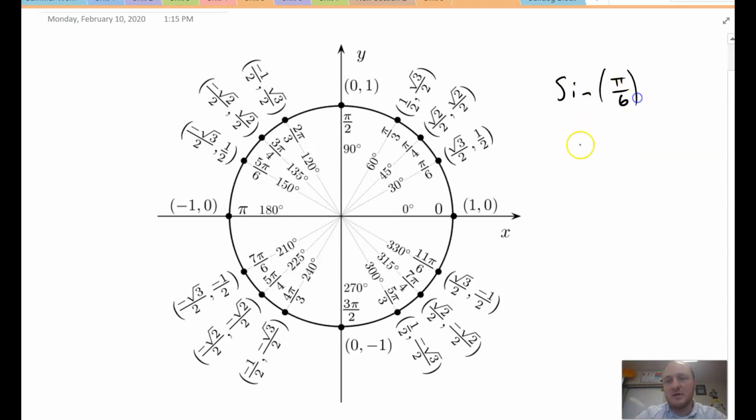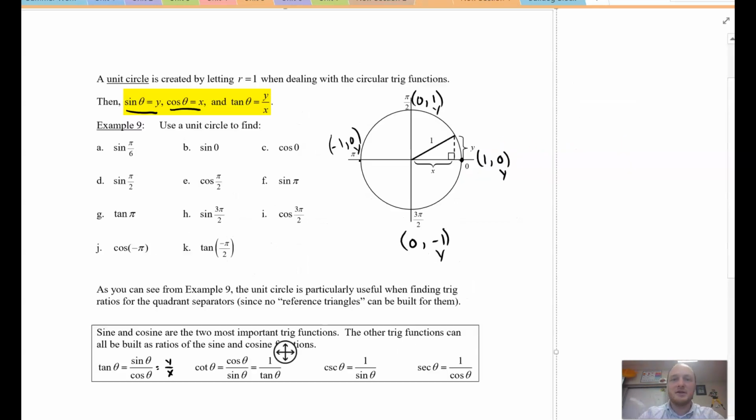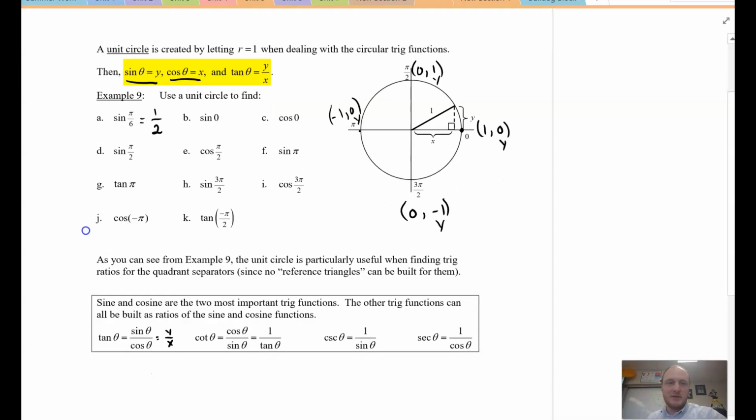Okay, so that's the y value at pi over 6. This isn't math notation, so I wouldn't write this down, but I'm just showing you. And here's pi over 6, here's the y value, so our answer is 1/2. Okay, all right, and if you use the hand trick, that works wonders.